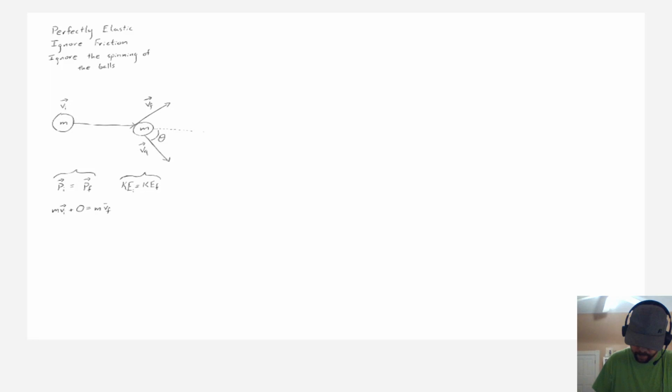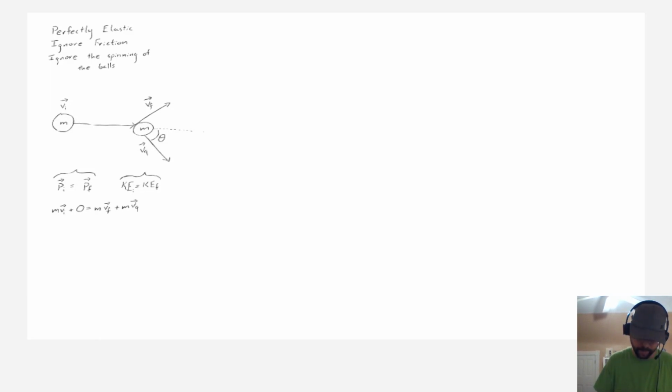That's meant to represent the velocity vector of the cue ball, plus the mass of the numbered ball times the velocity vector of the numbered ball, which in this case is supposed to be the 9 ball, the way the problem was set up. So that's what we have for momentum.